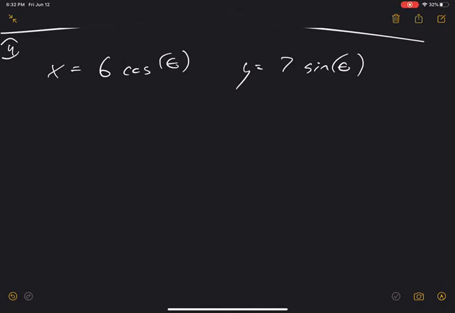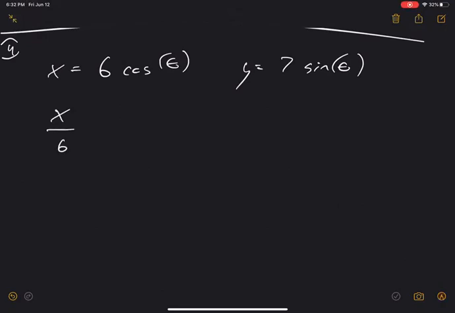You might have to play around with the forms. What I would do when you have parametric equations with trig is try to get the trig functions by themselves. So let's rearrange each of these and get the trig functions by themselves.